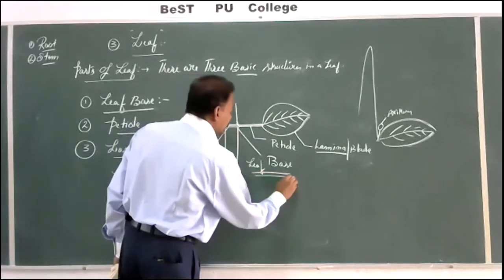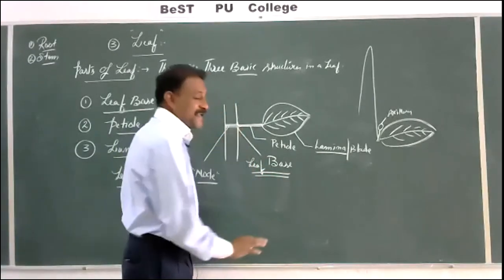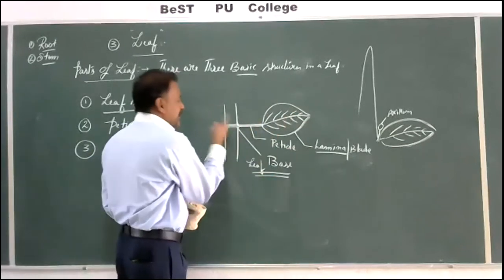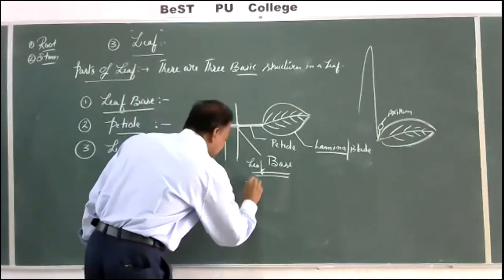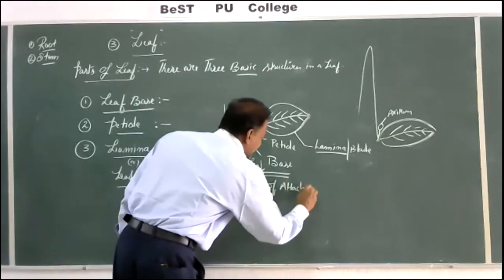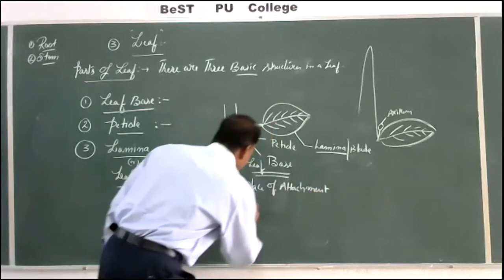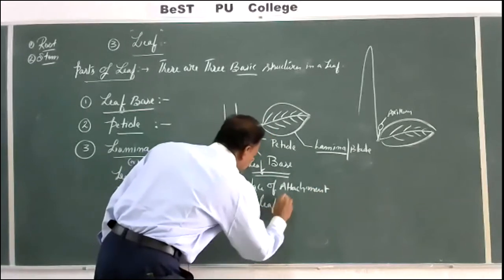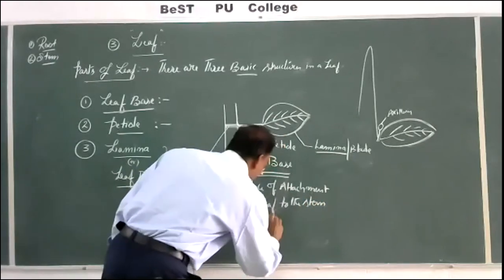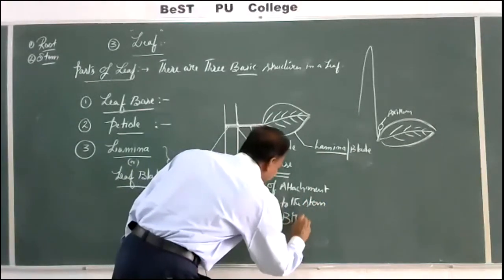The leaf base is the place of attachment of leaf to the stem or branch.